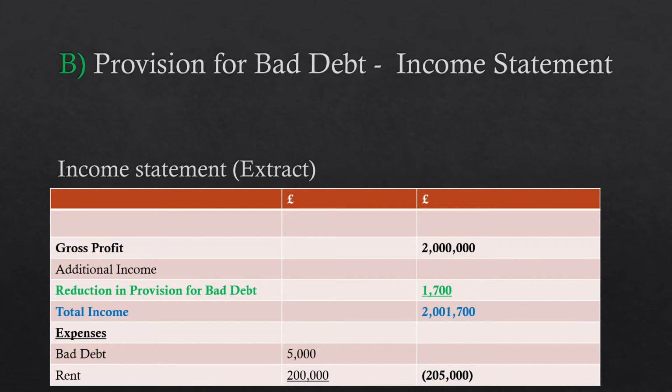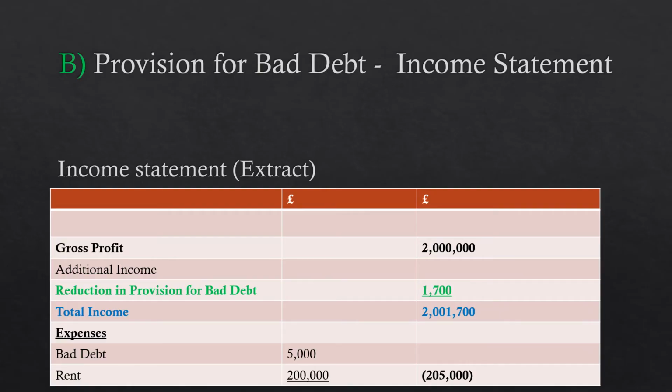And so if that's the situation, we have over provided. In reality, we need to reduce everything by 1,700. So we need to add the 1,700 back to gross profit as income. And so that's the main principle here.